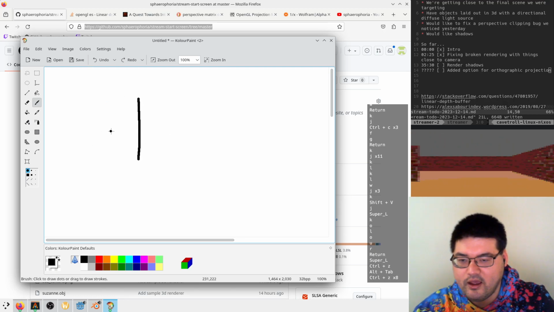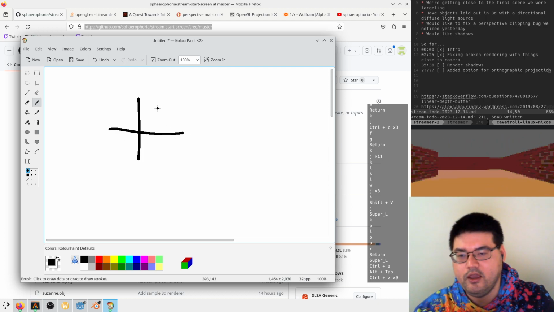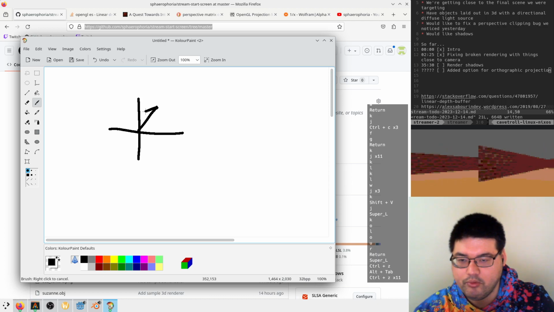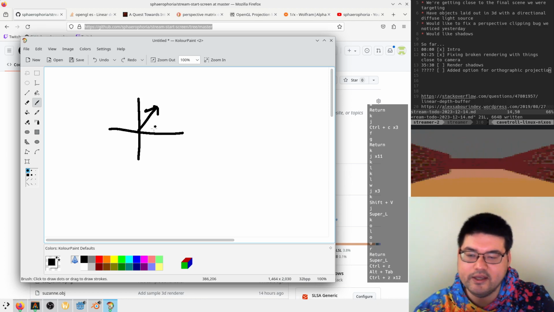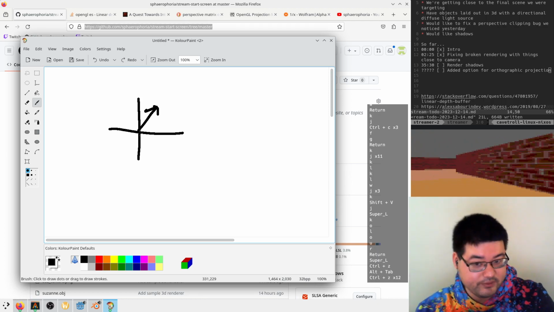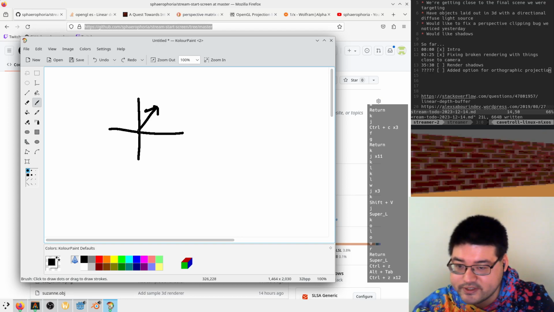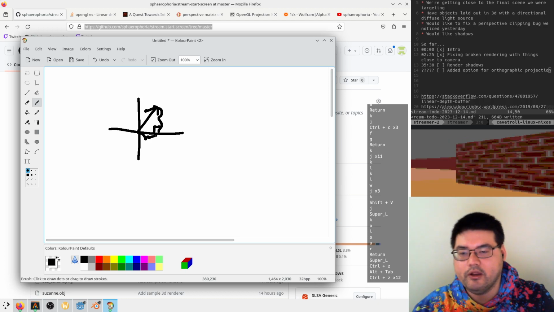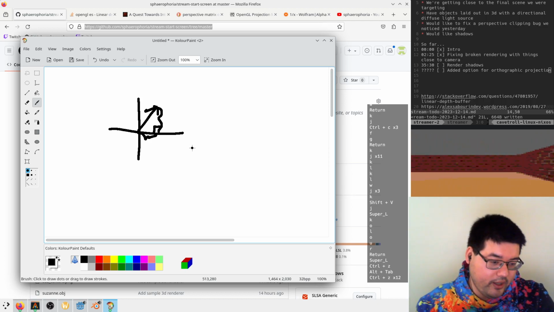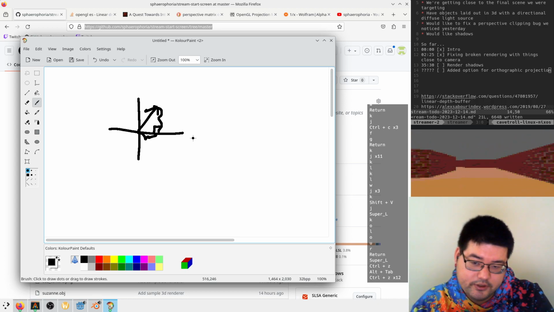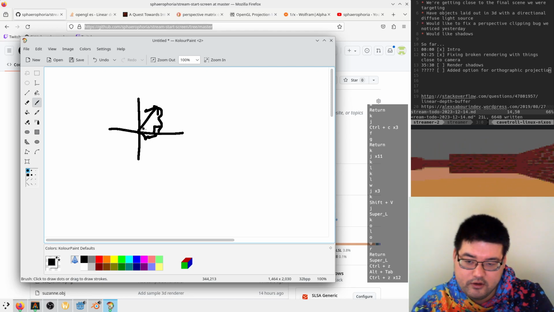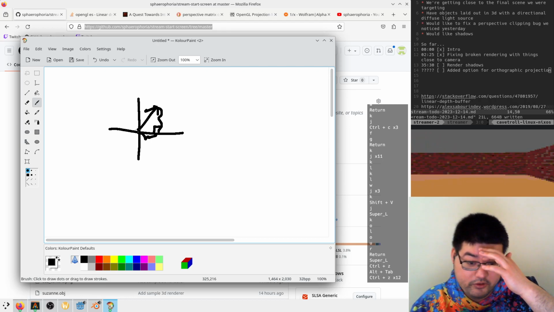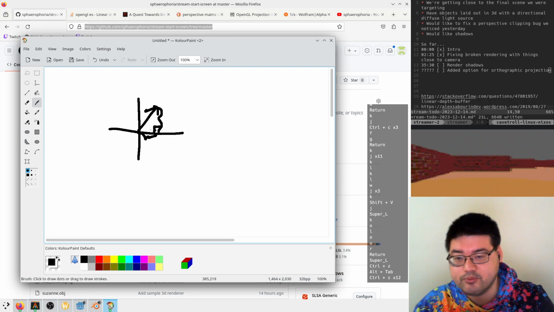So say I have a vector that's pointing here. I guess this is going to be defined as some X and some Y. And this is a right angle triangle. Finding out the angles that it's rotated around each axis is pretty straightforward.